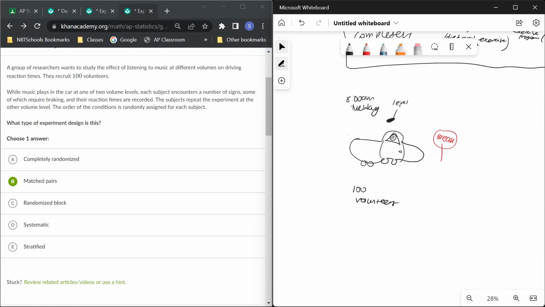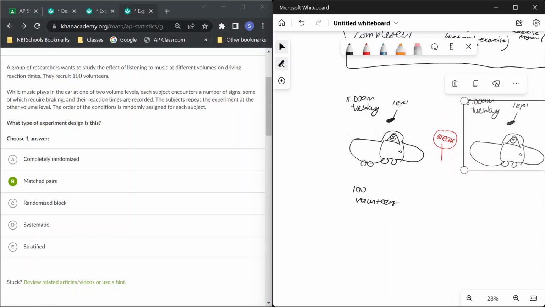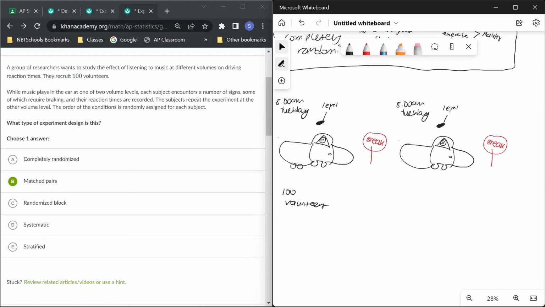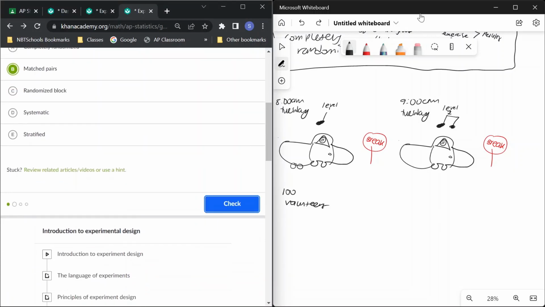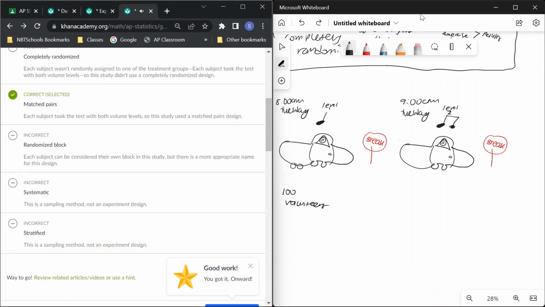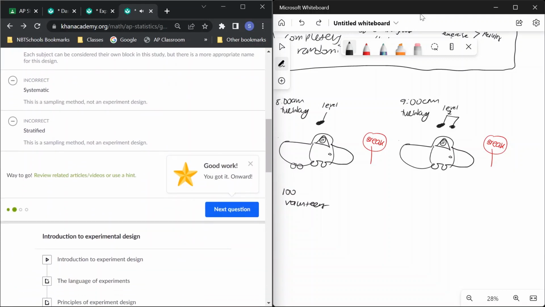And then let's say now it's 9 a.m. on a Tuesday, and now they're listening to level 2. So they're the same person, and they're going through both treatments, and because of that, it's going to be matched pairs. Great. Okay, moving on.